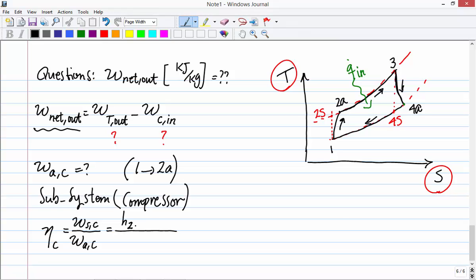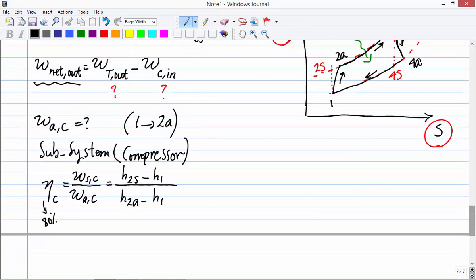Isentropic, so H2s minus H1; actual, subscript a, H2a minus H1. So the difference between the enthalpies between point 1 and point 2 in two cases, actual case or isentropic case. And that would be the efficiency. I know that this is 80%.